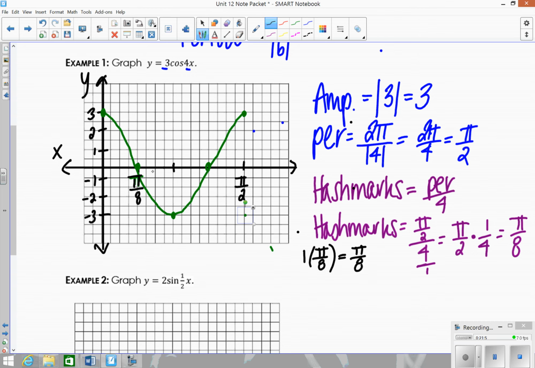The second one, because the units between here has to be plus 1 over 8 pi, I'm just going to multiply it by 2. That'll get me my second hash mark. So if you cross that off, that becomes a 4. So pi over 4. So that's this one. The third hash mark, just multiply it by 3 because it's pi over 8 plus pi over 8 plus pi over 8. So this is just going to be 3 pi over 8.